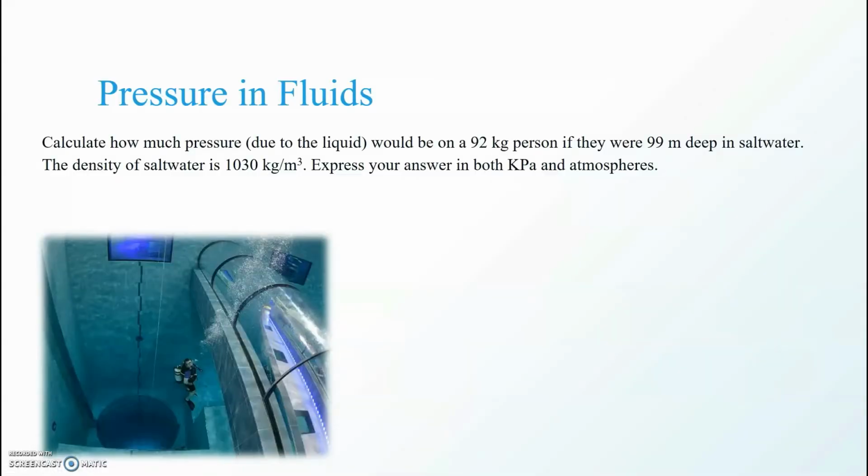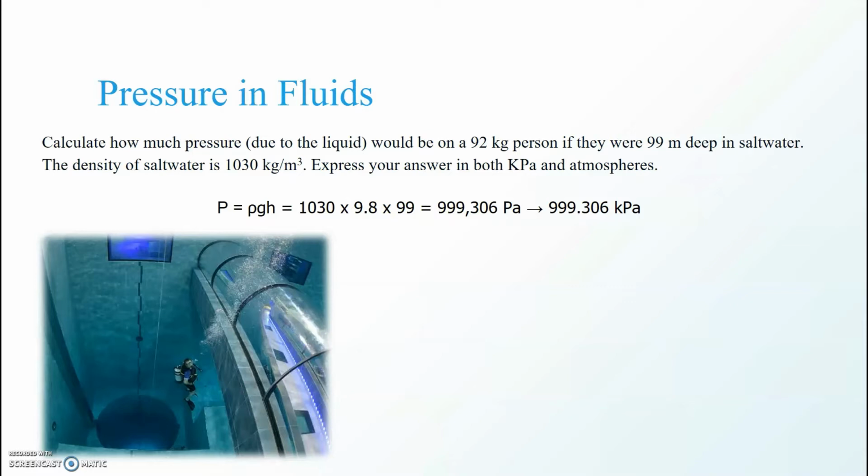So calculate how much pressure due to the liquid would be on a 92 kilogram person if they were 99 feet deep in salt water. The density of salt water is 1030 kilograms per cubic meter. Express your answer in both kilopascals and atmospheres. All right, so again, it's rho g h, rho being the 1030, times the 9.8, that's gravity, and times that by 99 meters, that gives us a pressure of 999,306 pascals.